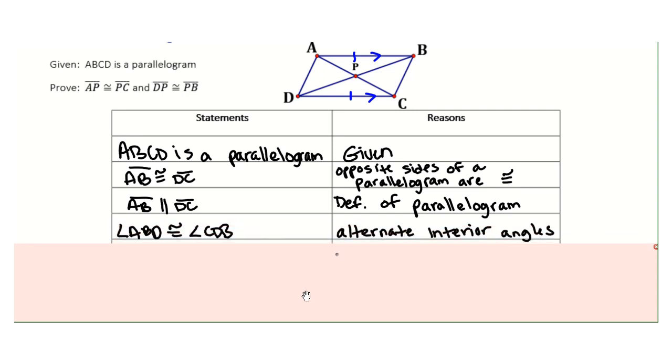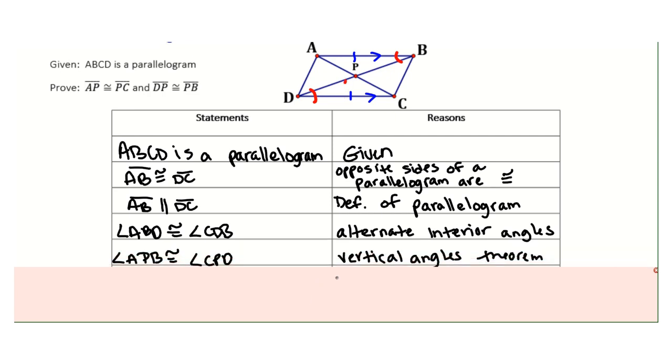Now I can say that angle ABD, so this angle right here, is congruent to CDB, this angle right here, because they're alternate interior angles. I have a pair of parallel lines with a transversal that's running through them. We've proved earlier that alternate interior angles are congruent.